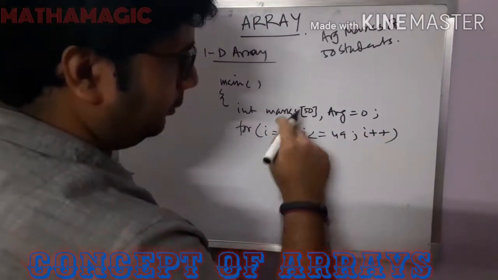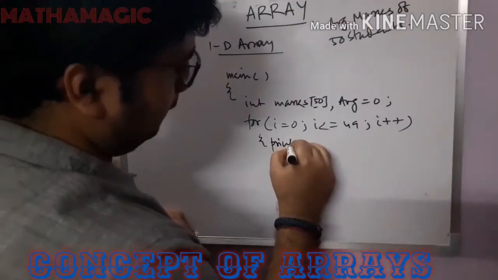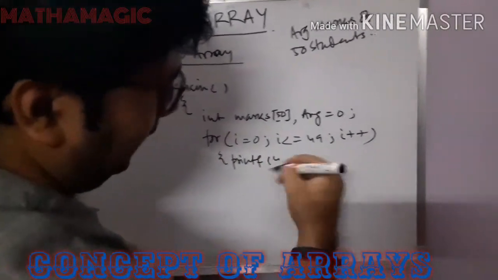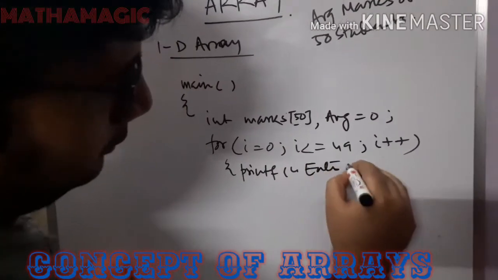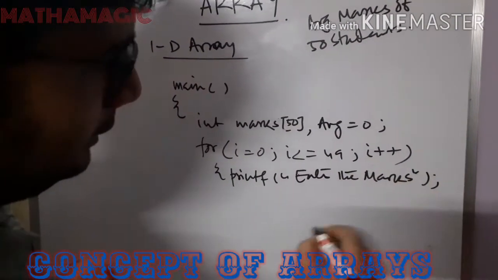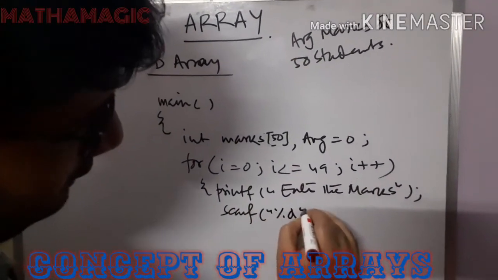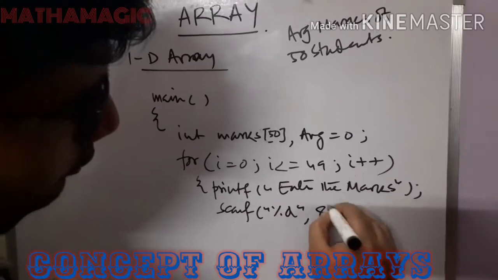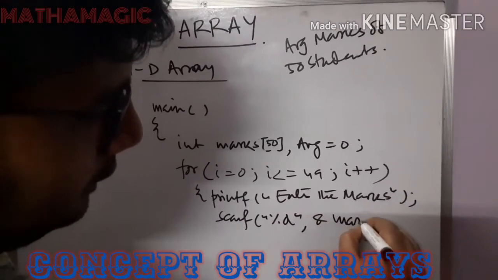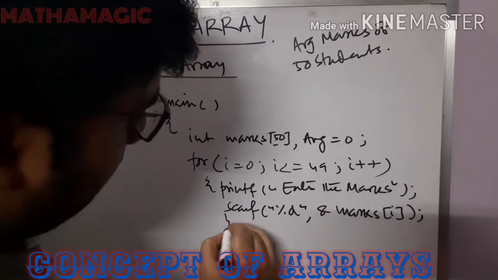Definitely I'll go up to 49, because that means 0 to 49. Now printf, I'll ask the user to enter the marks. The user will enter the marks. Now scanf, what will be the scanf, that is ampersand, wherever the value has to be stored, that is marks[i]. Now the values are getting stored.